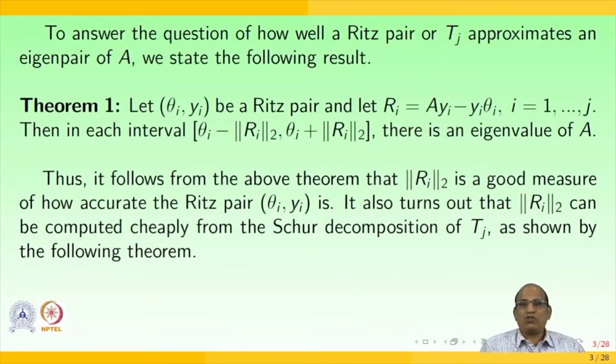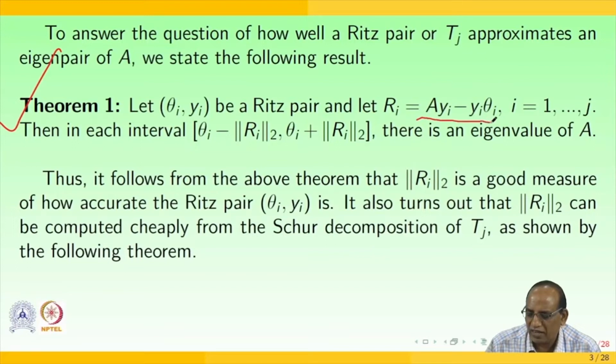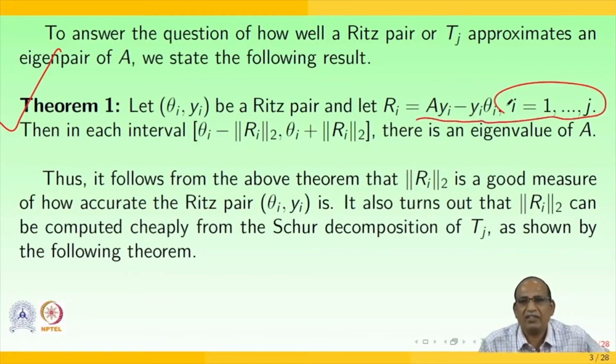To answer the question of how well a Ritz pair of Tj approximates an eigenpair of A, we state the following result. Let (theta i, yi) be a Ritz pair and let Ri = A yi minus yi theta i, where i = 1 to j.